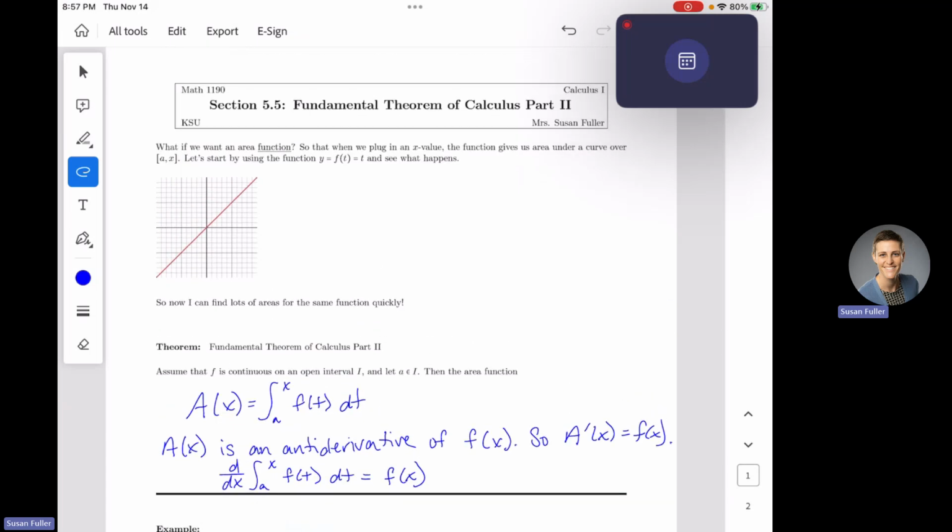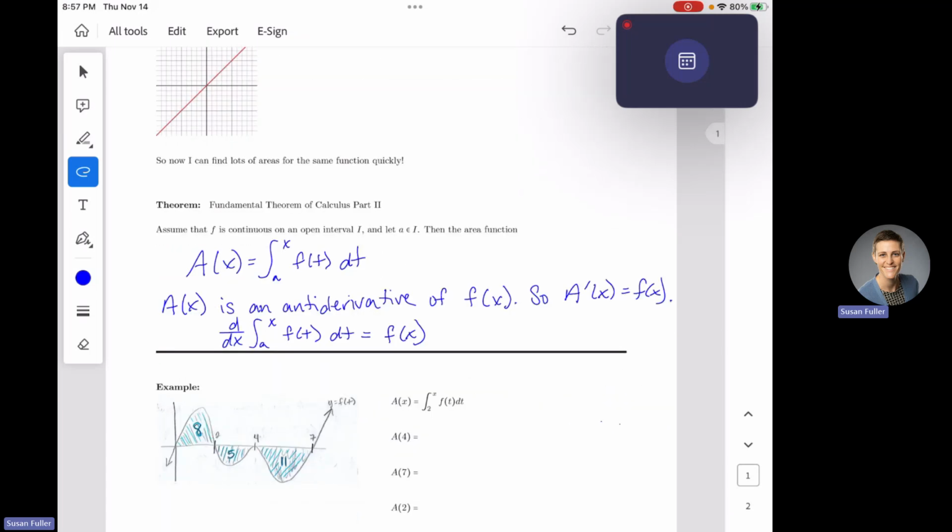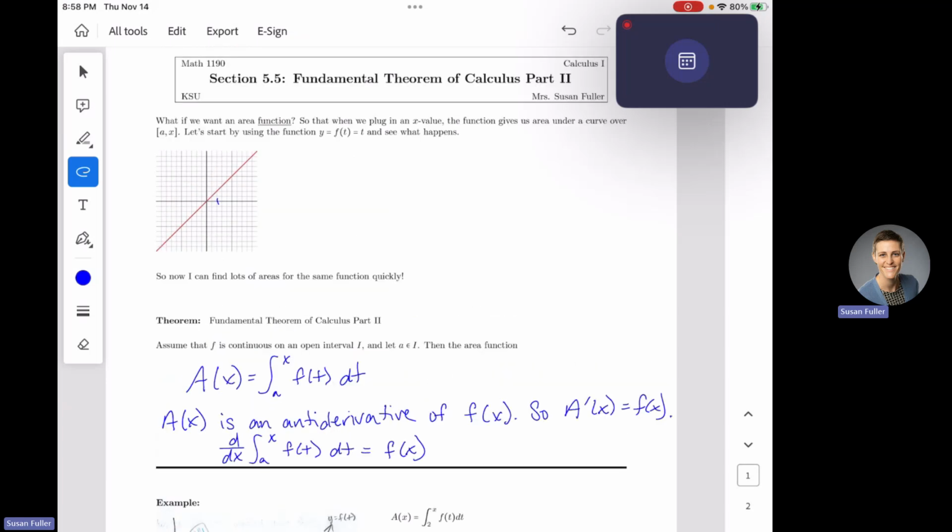Again, if we want an area function where we plug in an x value and what we get out is area from some fixed number a to our variable x, right? So our variable a is going to be some fixed number here where we're starting our area. X is going to be the end of the interval where we're finding the area. That's our variable.